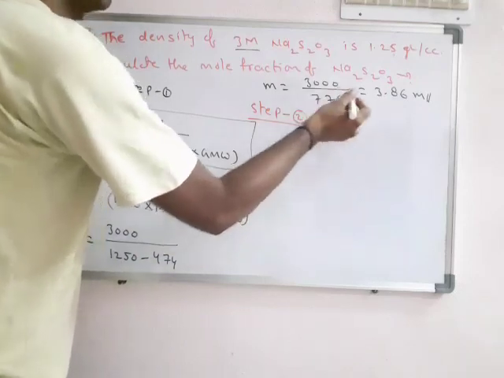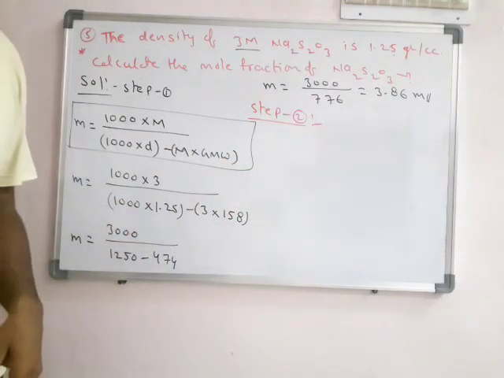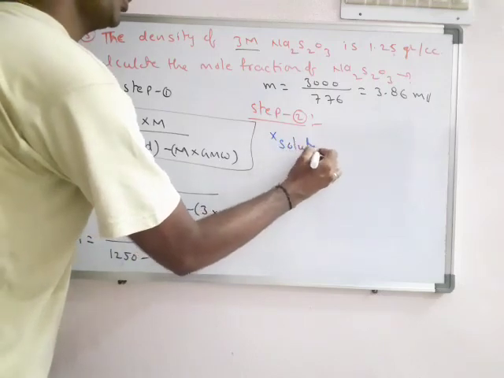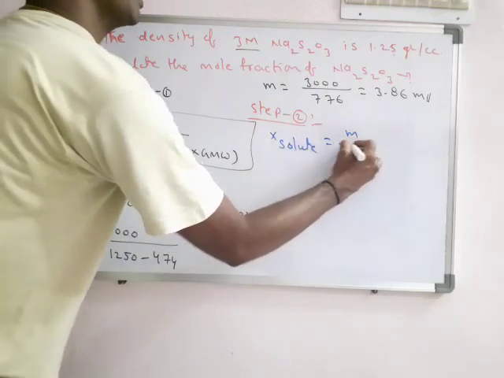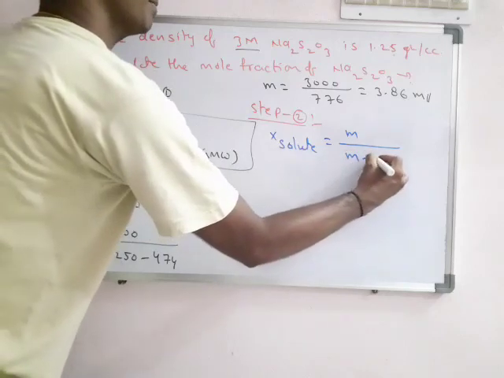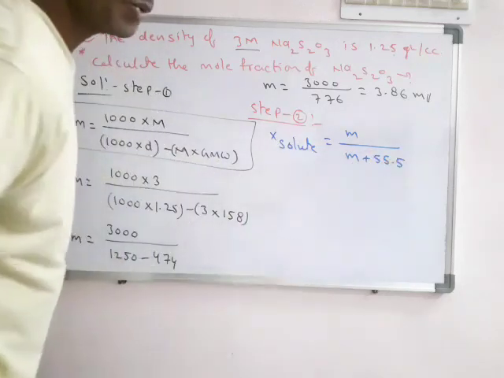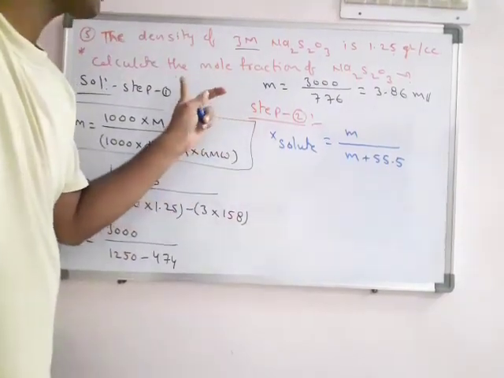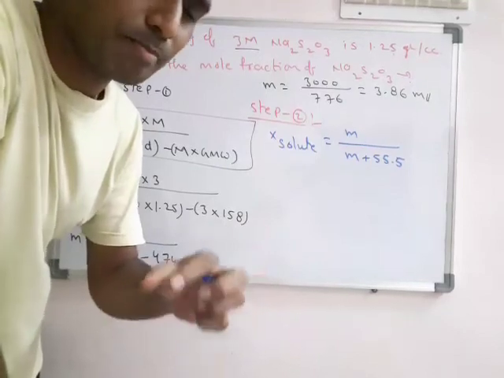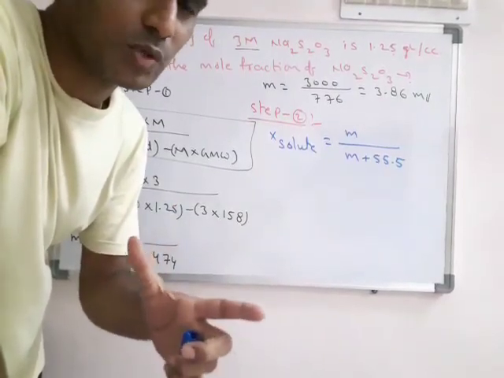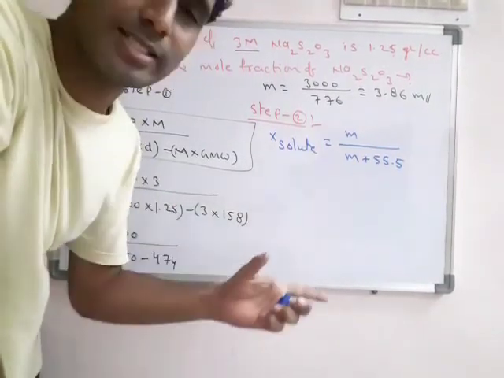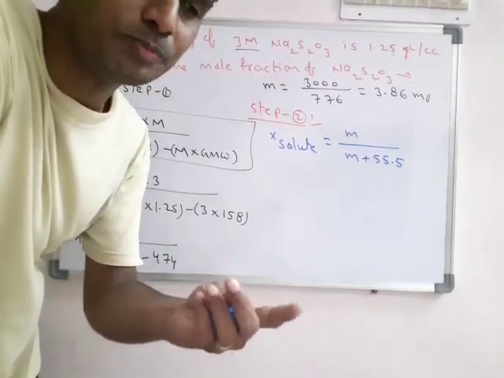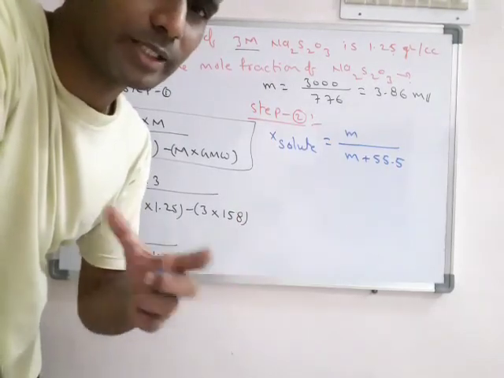To find out the mole fraction of solute we have a formula: mole fraction of solute equal to molality by molality plus 55.5. Here there is a direct formula because the solvent is water. Maximum of these types of problems are for aqueous solutions. But for now we directly take 55.5 instead of 1000/18. When another solvent is given, we have to take weight by molecular weight separately.